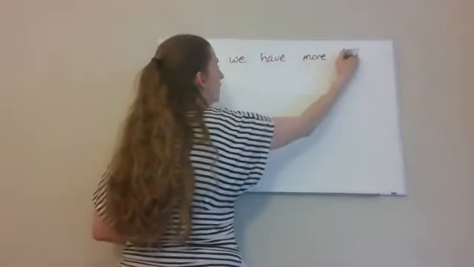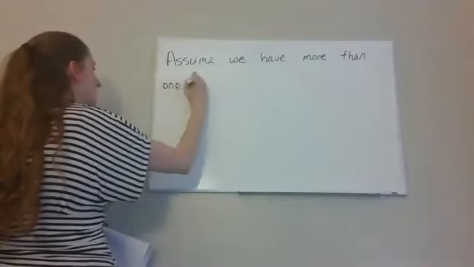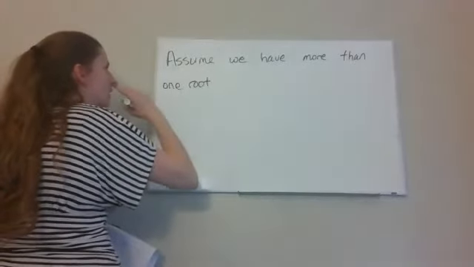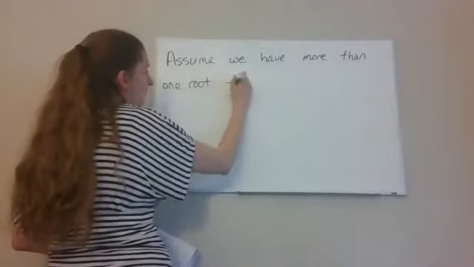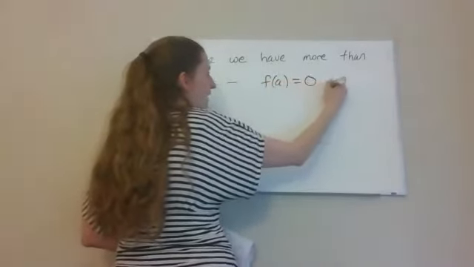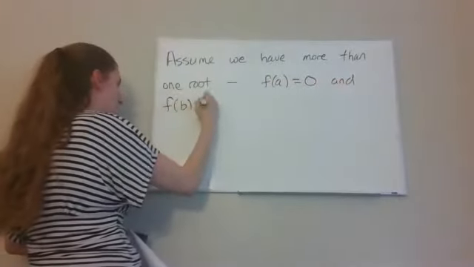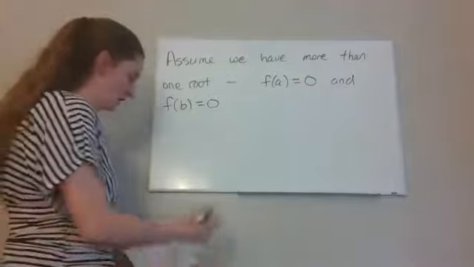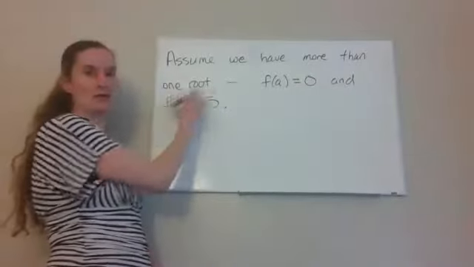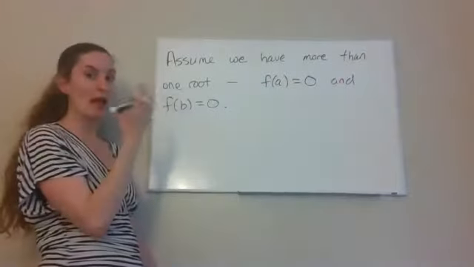So assume we have more than one root. So I'm going to call them a and b, so f of a is 0 and f of b is 0. Well, then my function is defined to be exactly the same at both a and b.